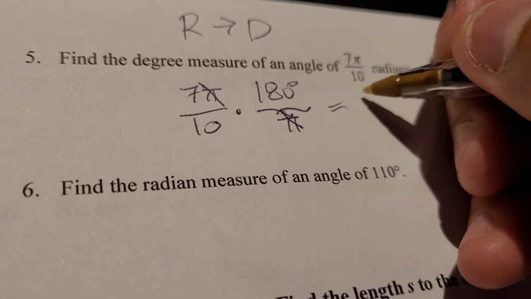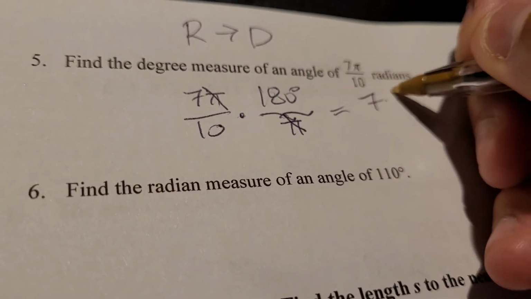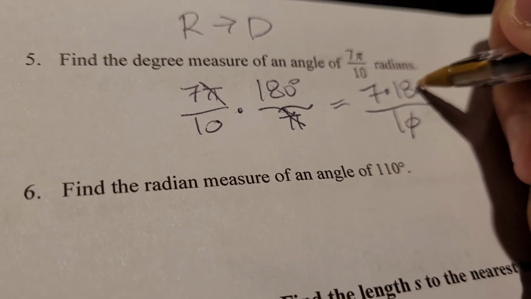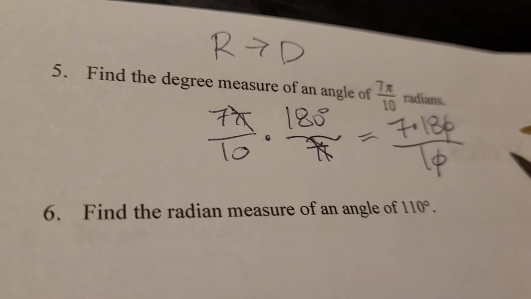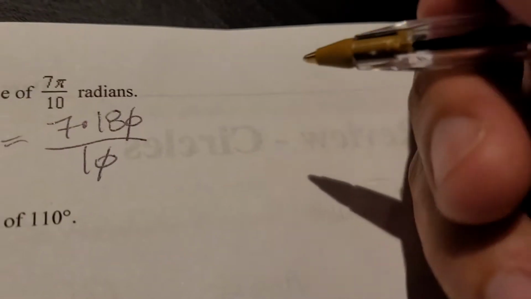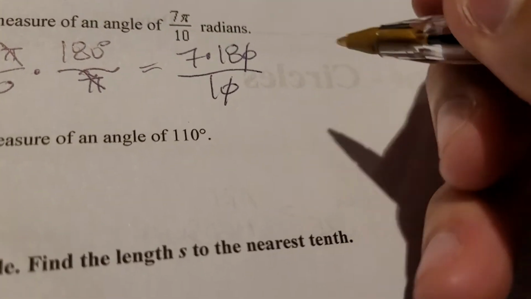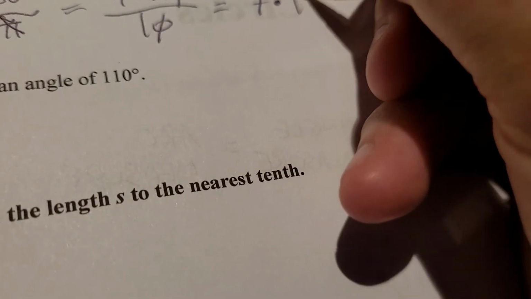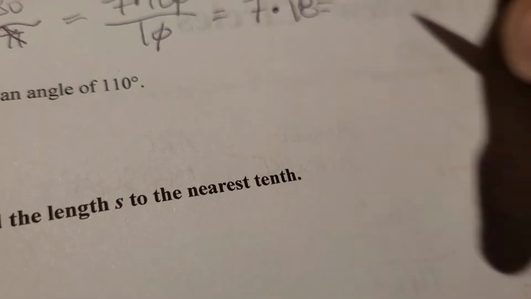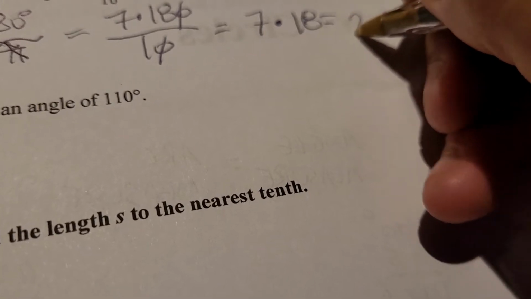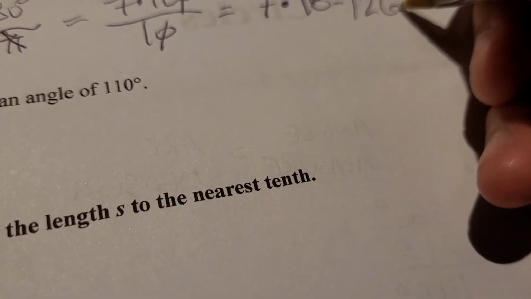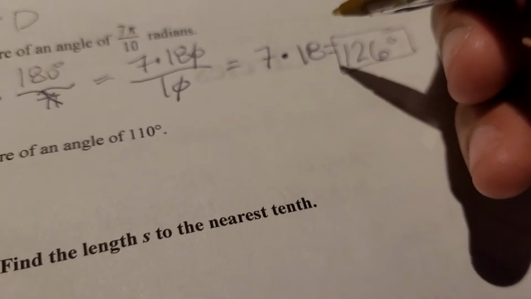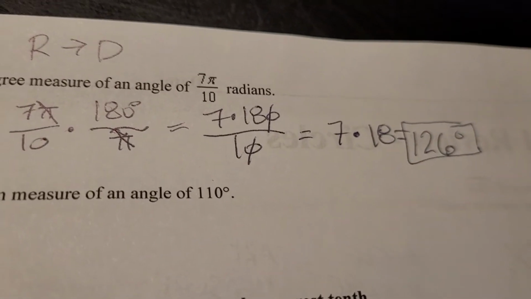So I'm just going to have 7 times 180 over 10. Well, 10 will go into 180, so that'll cancel a 0 there. So basically now I'm just saying 7 times 18, and 7 times 18 is just going to give us 126 degrees. So yeah, that's that.